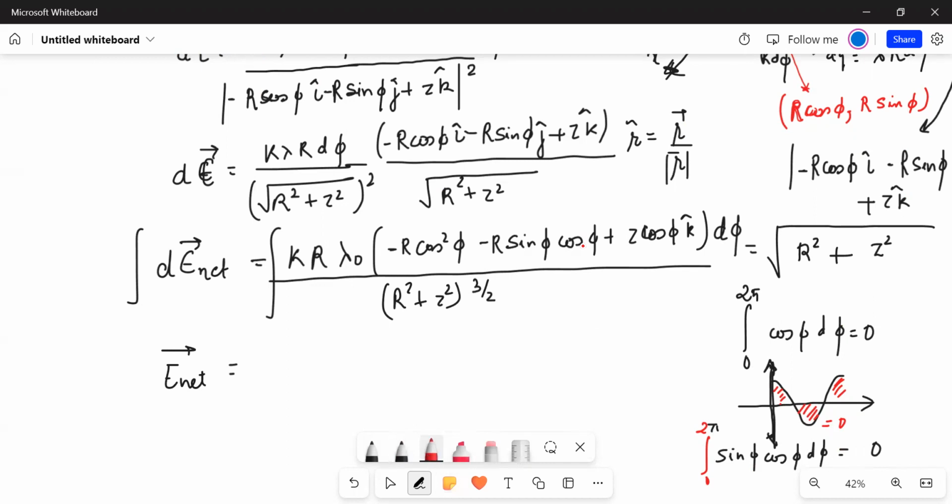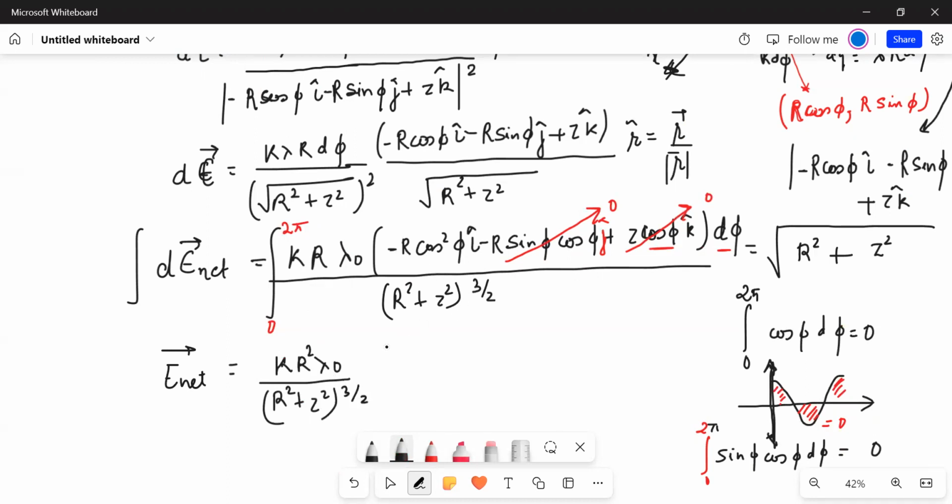So basically, if you just see this integration, this is along the z cap, so it would go to 0 if I integrate from 0 to 2π. And this integration also would go to 0, because cos φ integrated with respect to dφ from 0 to 2π is 0. Only one component would remain alive, that is along the i cap. So this is k r lambda naught, and there's another r here, so there would be r² instead, divided by (r² + z²)^(3/2).